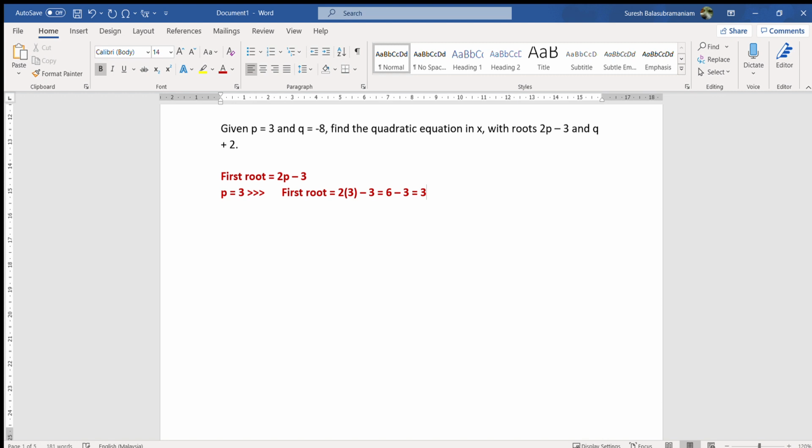That will be 3. Okay. So now second root, q plus 2. So replace q with -8.